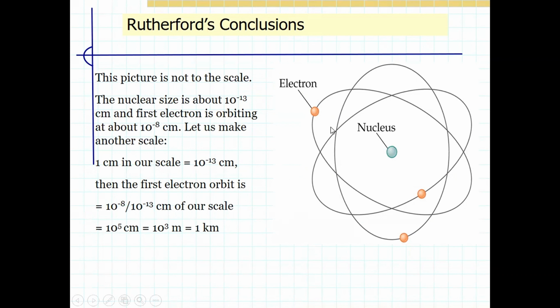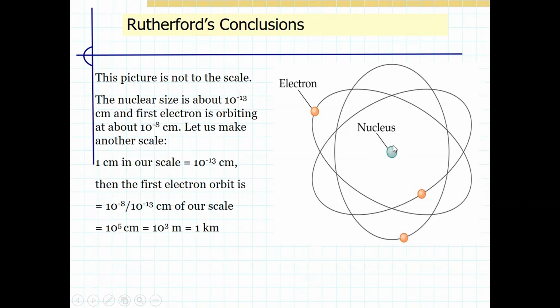Then the first electron which is going to orbit is at 10 to the power minus 8 centimeters. Now, these are such small numbers that we really cannot imagine, but I can convert 10 to the power minus 8 into my scale of 1 centimeter by dividing by 10 to the power minus 13, and I get a number of 10 to the power 5 centimeters on my scale. So if I convert it, I get 1 kilometer.